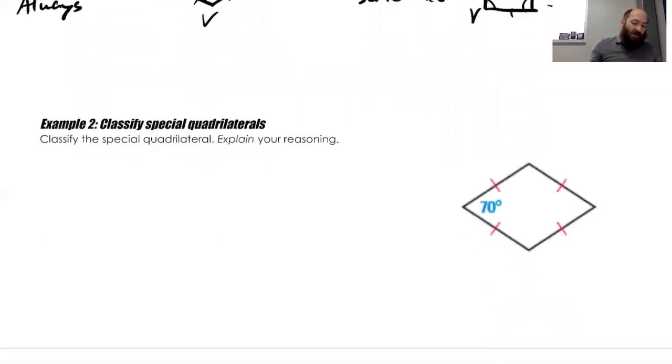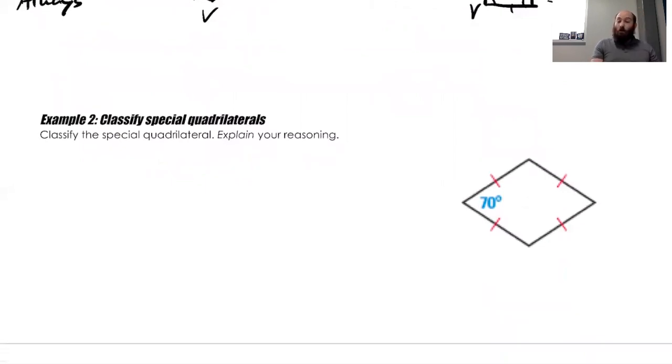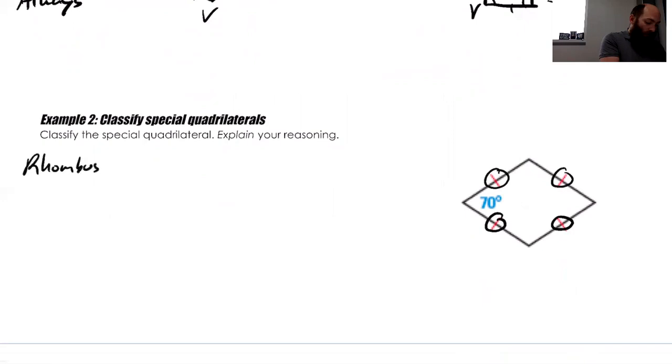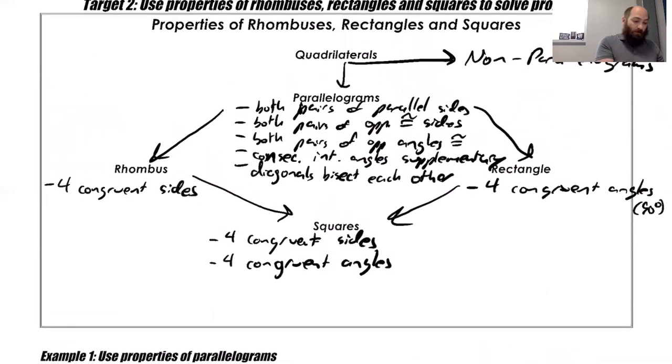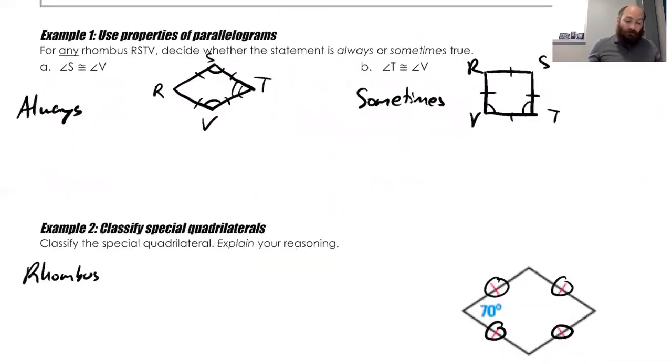Okay, I'm going to classify this one right here. I want to go back to my chart and kind of look at this, but I can remember that I have 4 congruent sides. That's enough to say I have a rhombus. Okay, but here's the thing. When I go back here, if you're looking at classifying a shape, and you know it's a rhombus, we should double check, is it also a square? Well, to be a square, there has to be evidence that there's four congruent angles to go along with the four congruent sides. I don't have that here.